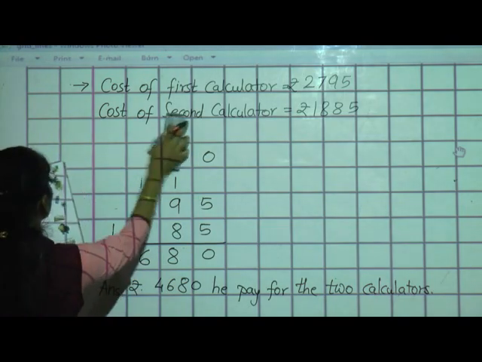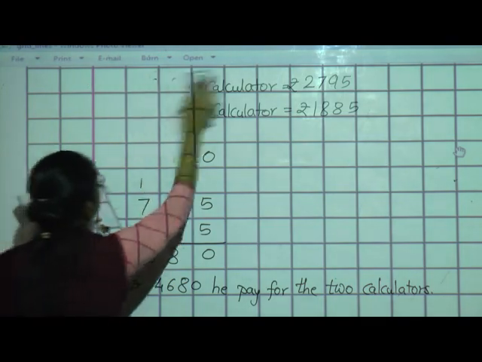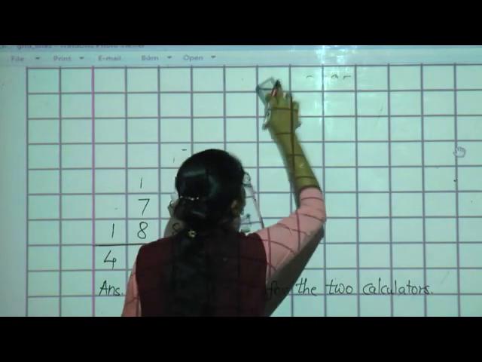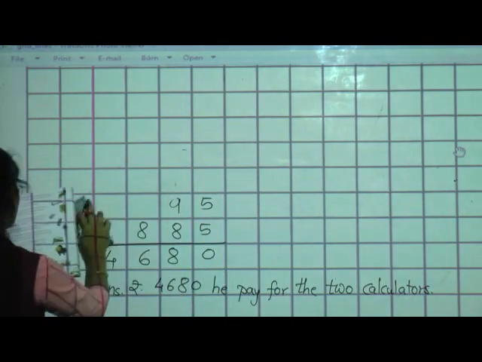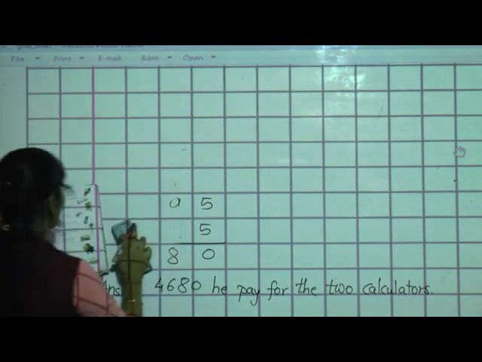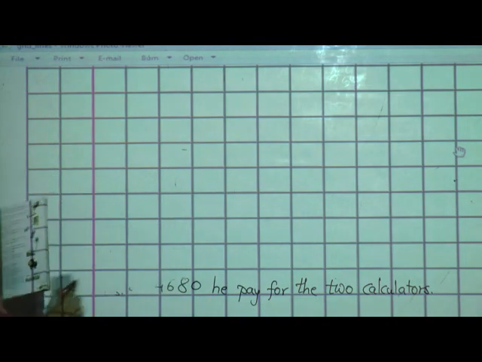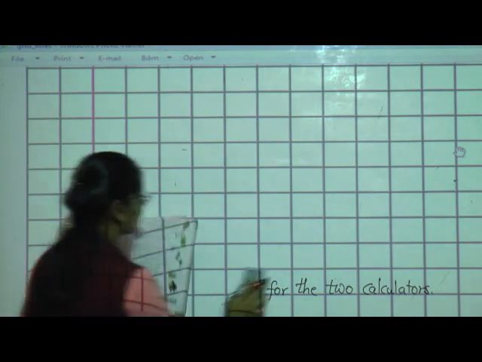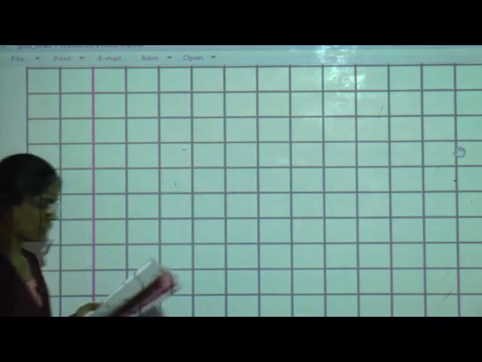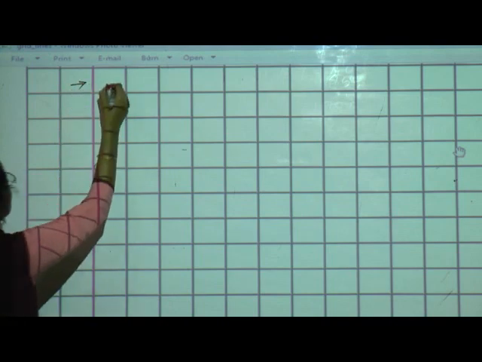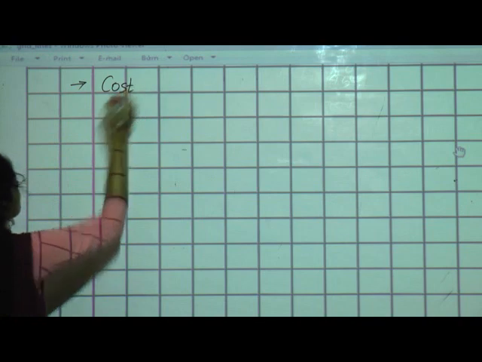Meena bought 2 cell phones. They cost her rupees 5,430 and rupees 3,850. And the question is, how much did she pay in all? Meena bought 2 cell phones. They cost her rupees 5,430. So what will be the cost of the first cell phone?